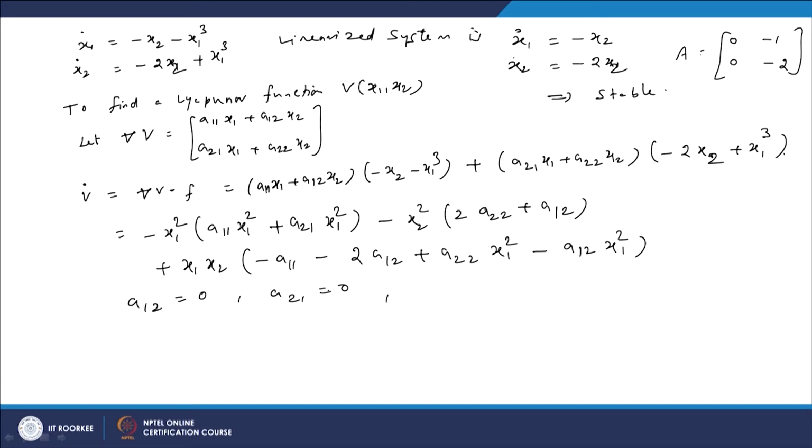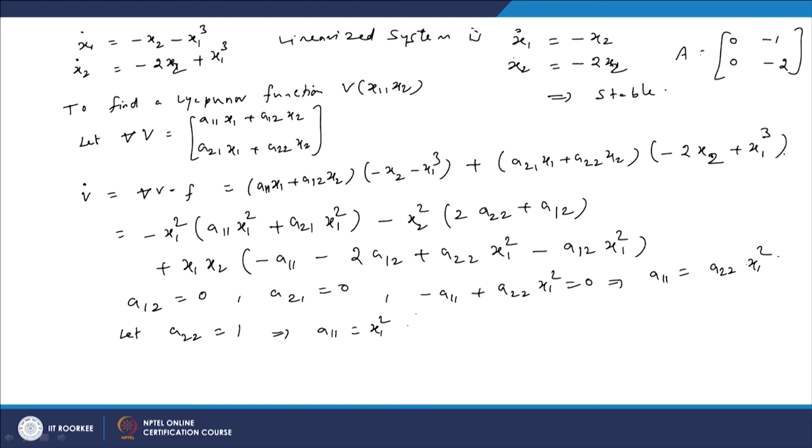For that, with a12 and a21 both 0, the remaining a22 x1 square minus a11 should be equal to 0. So, this implies a11 is nothing but a22 x1 square. If we arbitrarily select a22 as 1, then we will get a11 from this equation as x1 square.